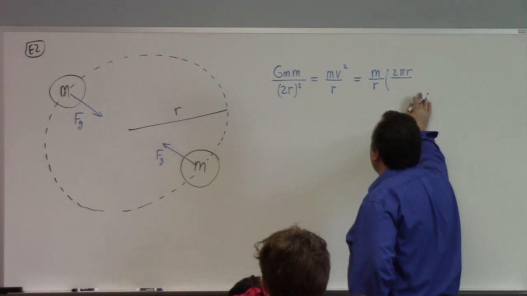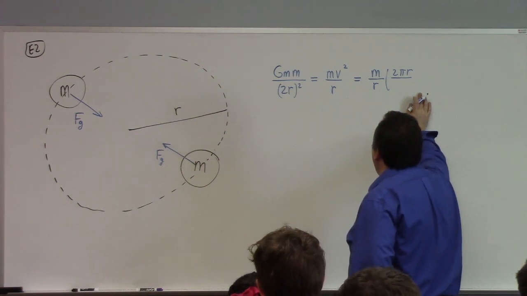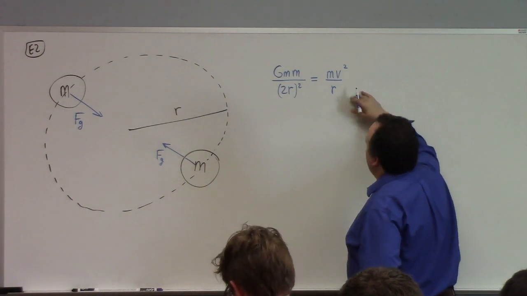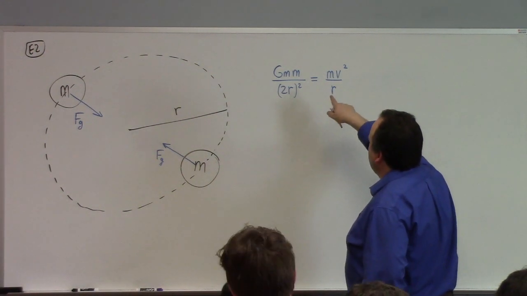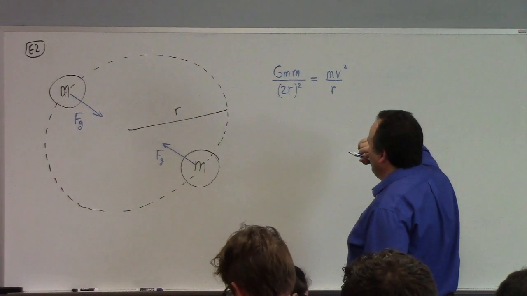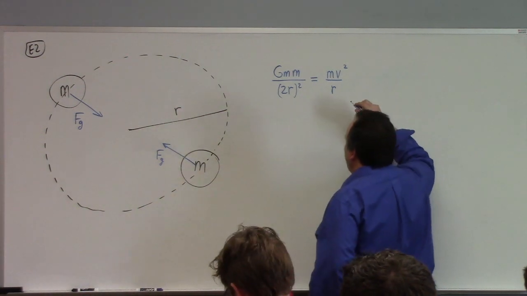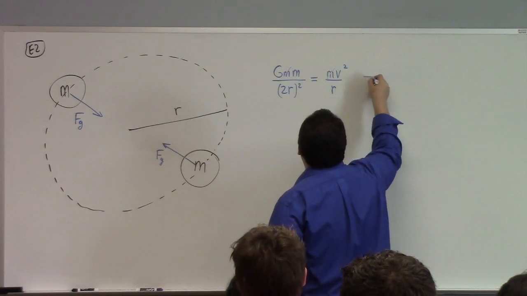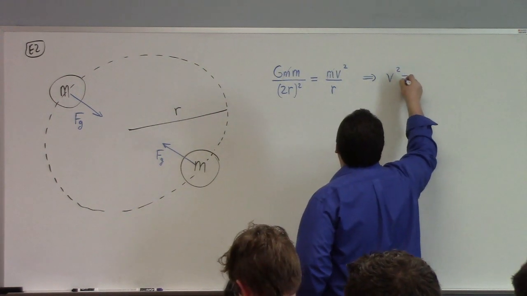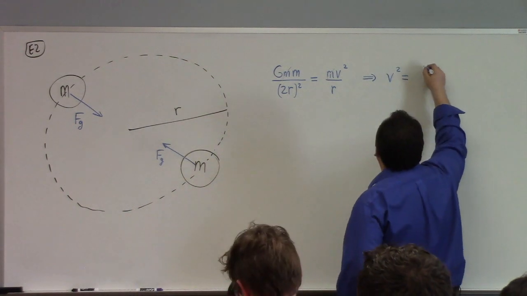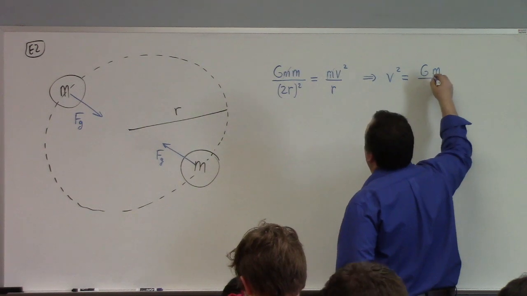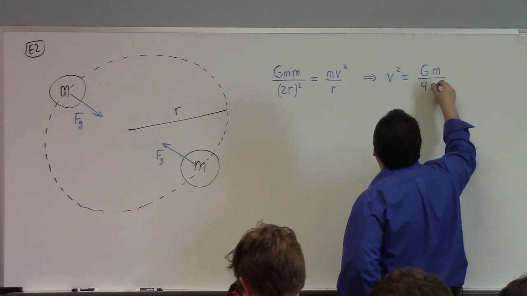Well, okay, I guess it depends on what I'm after here. Let me just stop this for a second. So we can find the velocity as it relates to the radius in the orbit pretty easily. Cancel m, and this says that v squared is G times the mass divided by 4r, right?